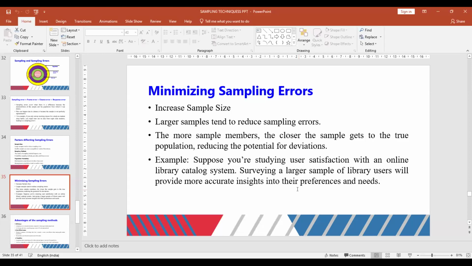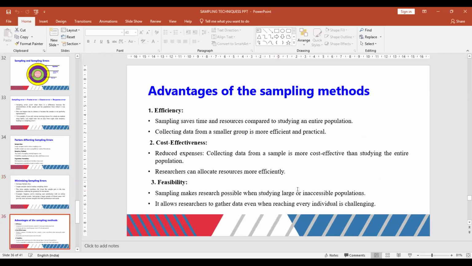Sampling saves time and resources compared to studying an entire population. Also, collecting data from a smaller group is more efficient and practical instead of the entire population. So, efficiency: sampling saves time also.